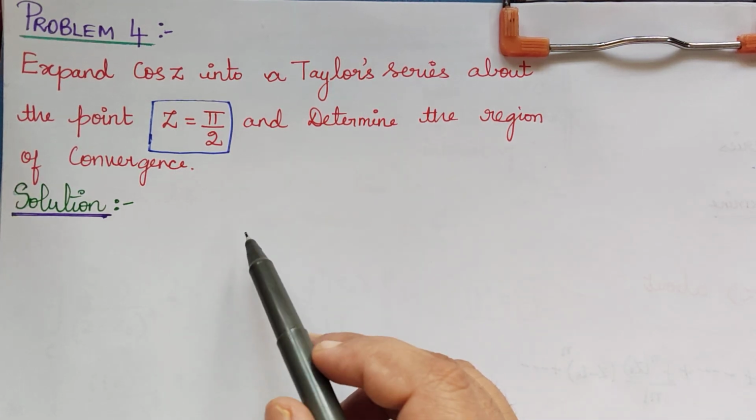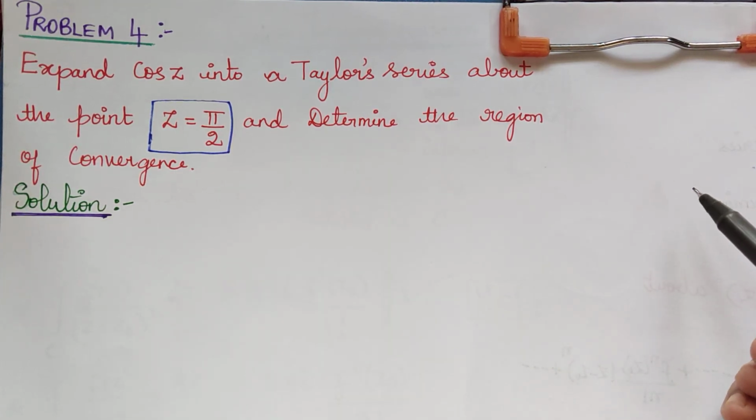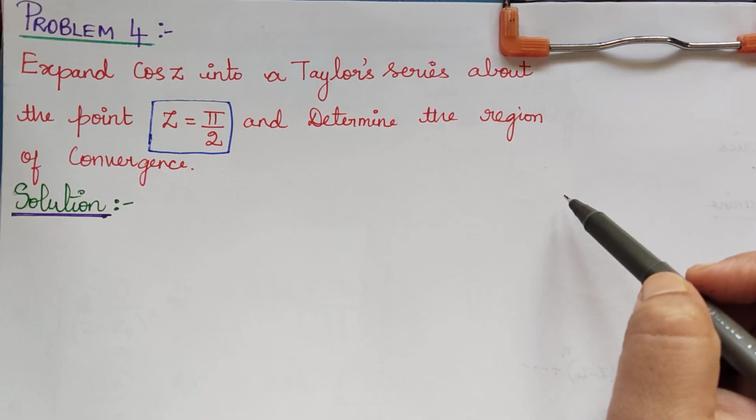As the first step, we shall write the Taylor series expansion about the point z0.